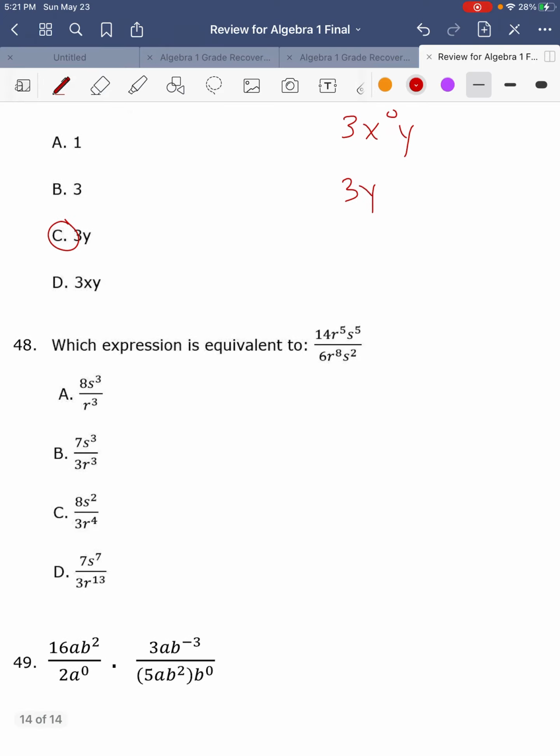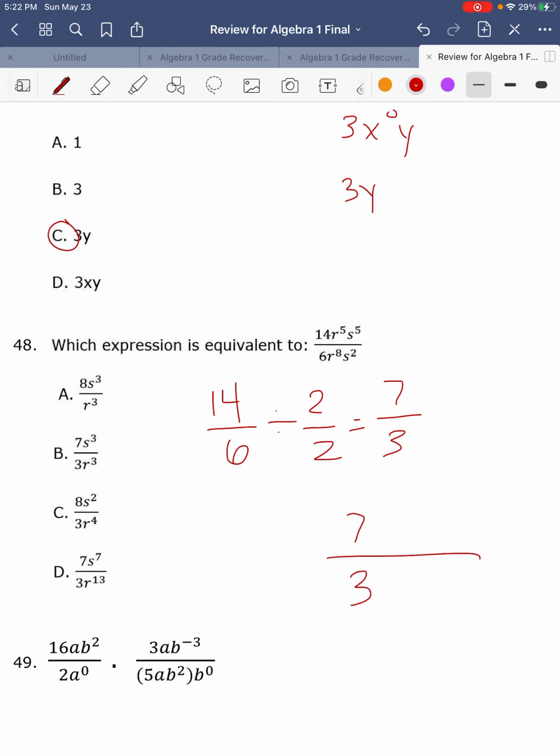48. This is another exponent rules. We're going to start with just the numbers. So if I have 14/6, this can be simplified by dividing the top and the bottom by a 2. So that really becomes 7/3.